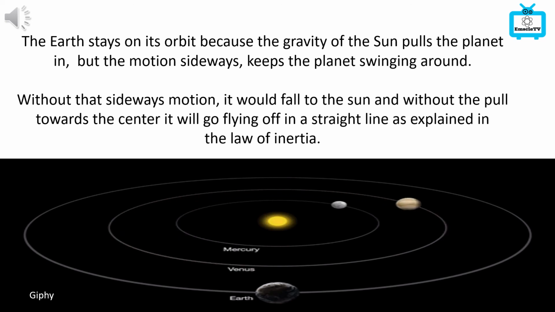But the motion sideways keeps the planet swinging around. Without that sideways motion, it would fall to the Sun, and without the pull towards the center, it will go flying off in a straight line as explained in the law of inertia.